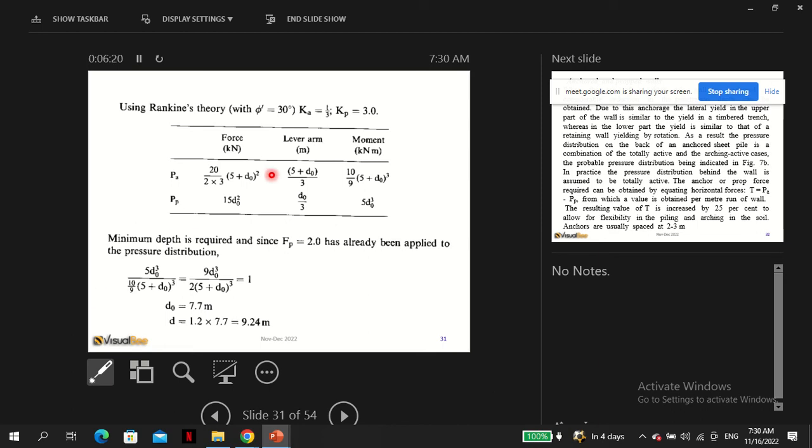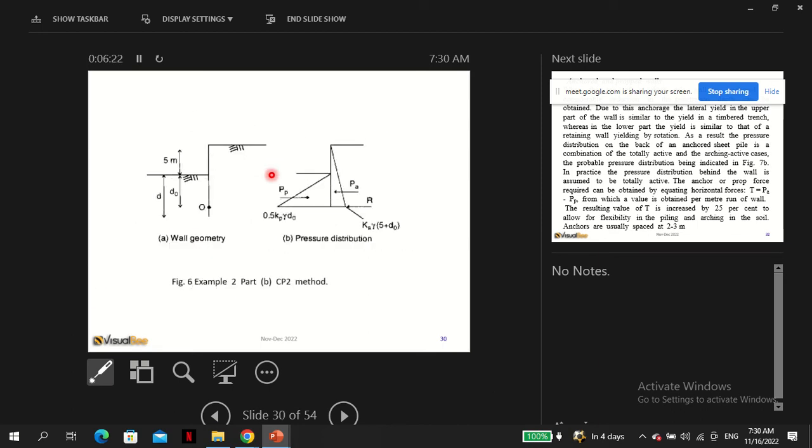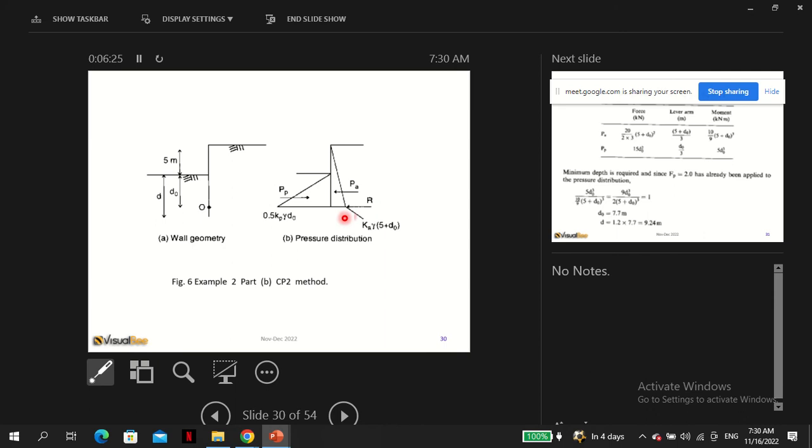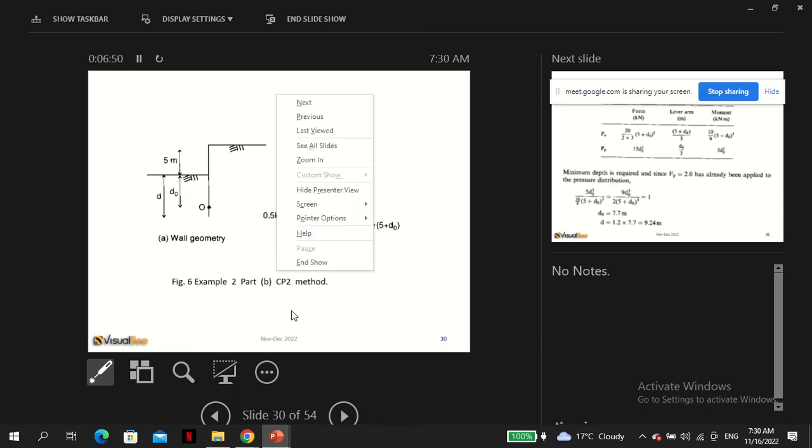Now this one is very simple, because you can ignore this R that we reduce. If you take moments at the bottom, this R has no moment, so you are very lucky. Having said that, this would be the area, half times this times d naught over 3. Let me write here, maybe it will help someone understand.